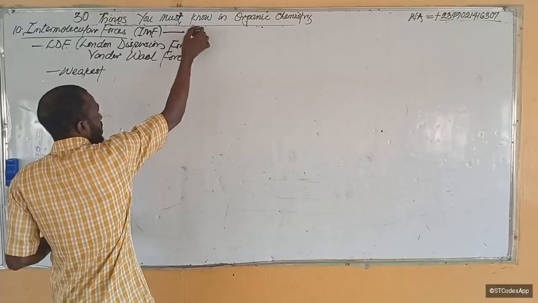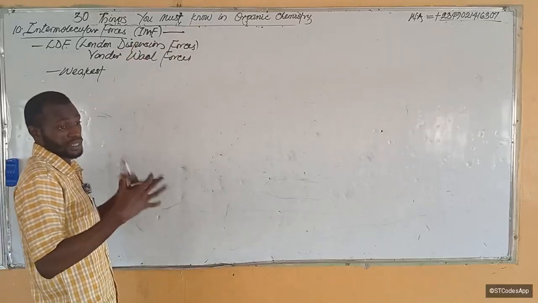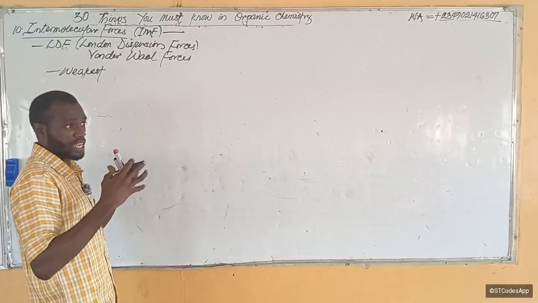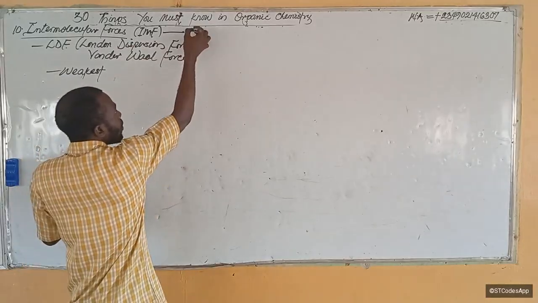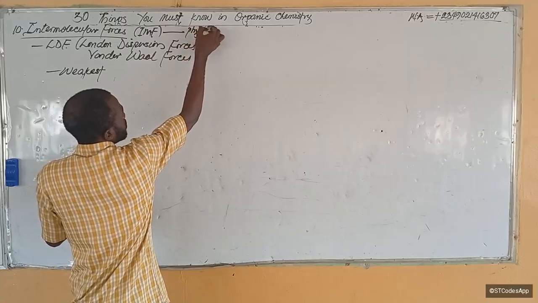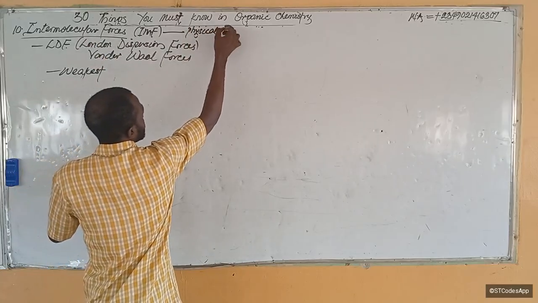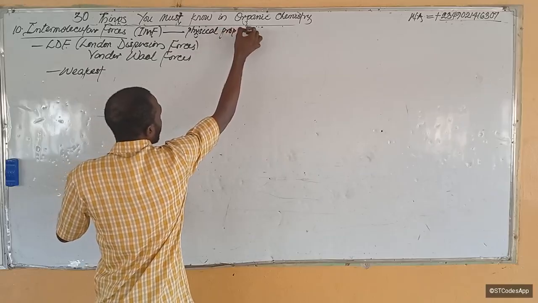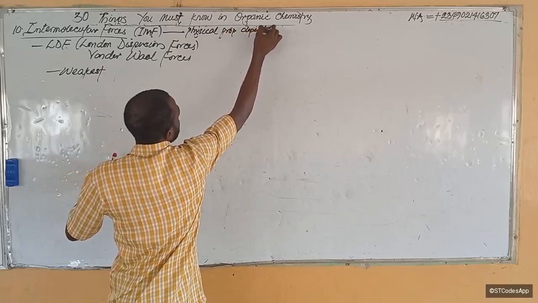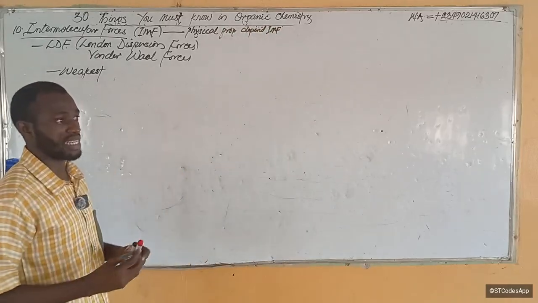I'm practically saying that the physical property of an organic compound depends more on the IMF, the intermolecular forces. Physical properties depend more on IMF than on the covalent bond or covalent nature.